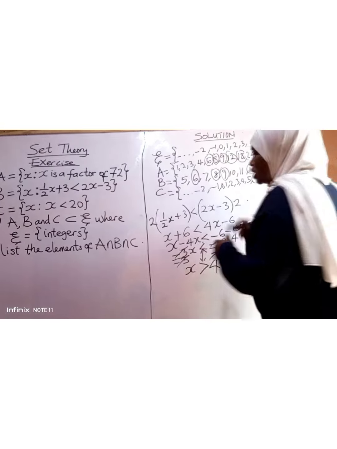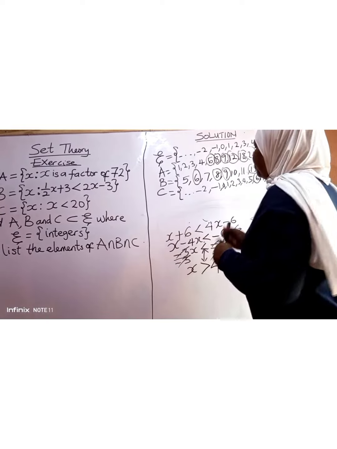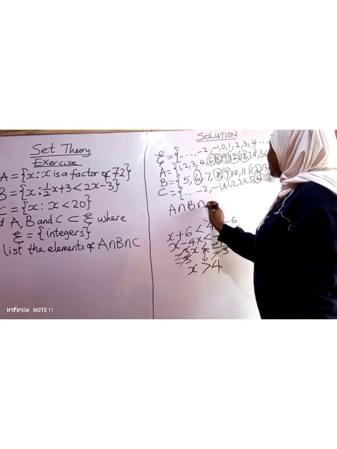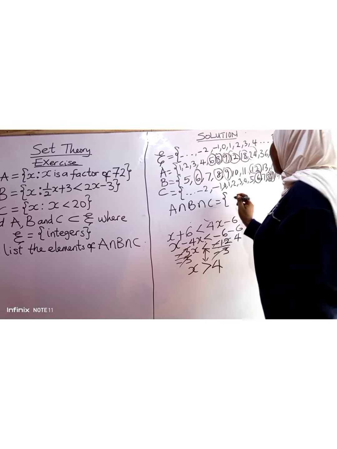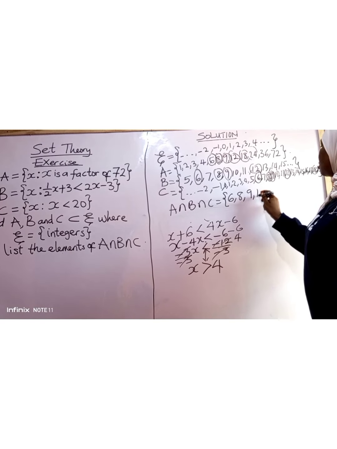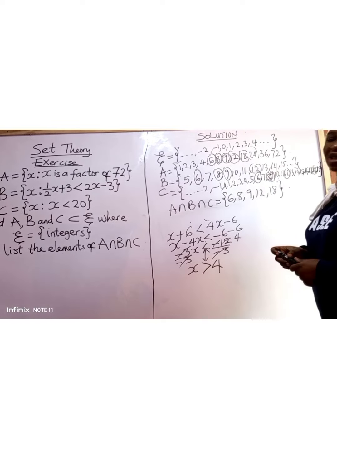So we can now say that A intersect B intersect C is equal to {6, 8, 9, 12, 18}. So that is how to do that.